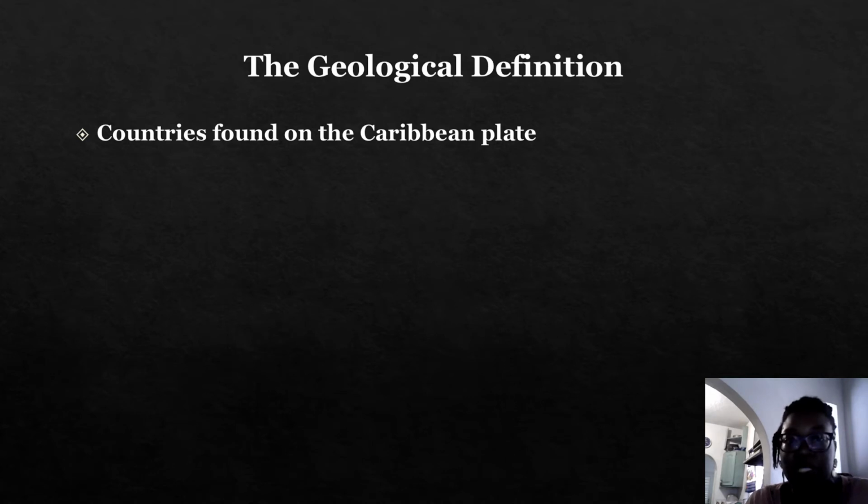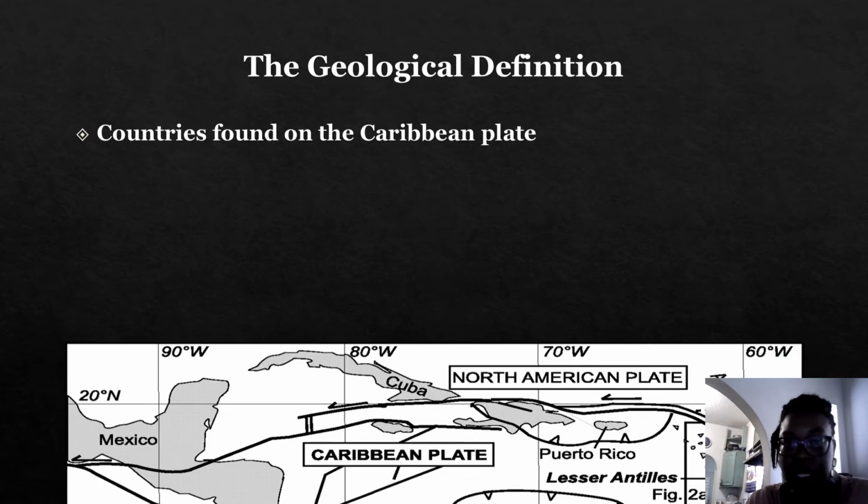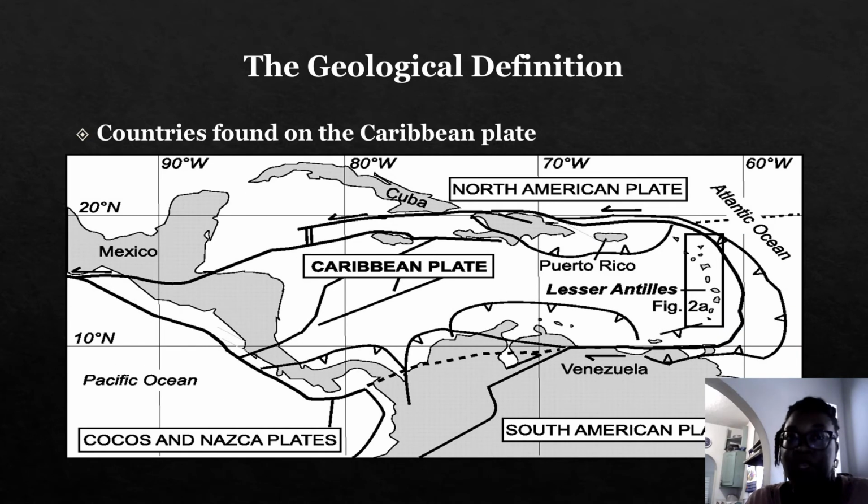So let me just quickly say the geological definition of the term Caribbean defines the Caribbean in relation to all the countries that are found on the Caribbean plate. The basis of this definition is on plate tectonics, and of course, later on in the Caribbean Studies Syllabus, students will be introduced to the whole theory of plate tectonics, that there are three types of plates, and plates move in three different directions.